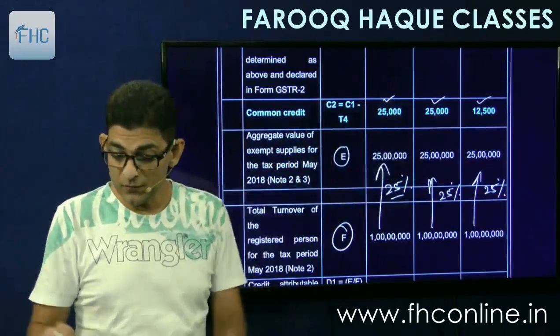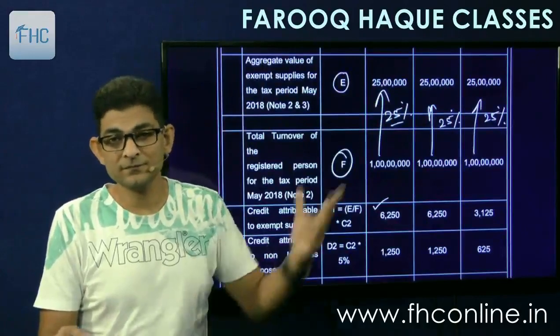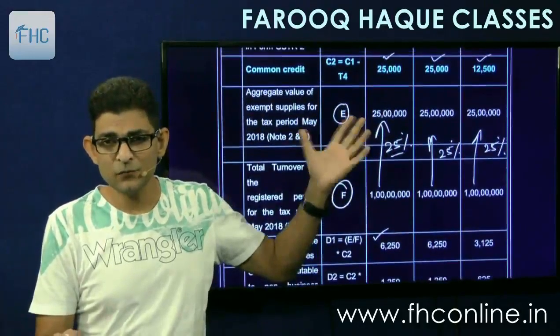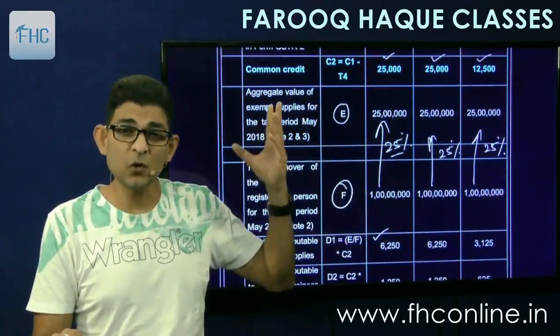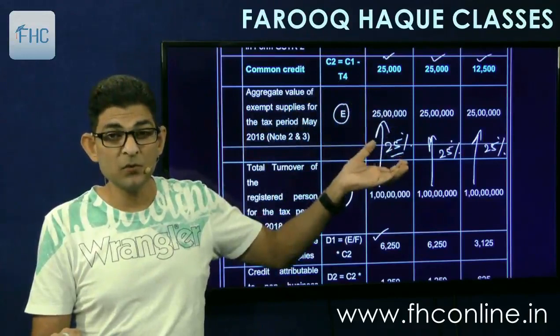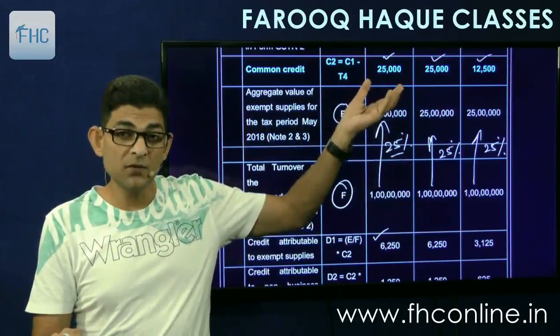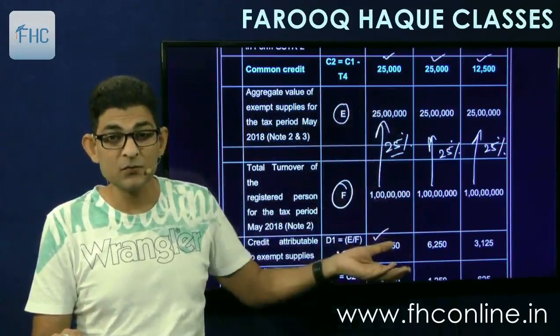So calculate 25,000 into 25%, 6,250. See, it's simple. You follow the logic, don't follow the formulas. Formulas can be forgotten. Logic always stays with you. So 25% is my exempt turnover, so I need to reverse 25% of 25,000, 6,250.